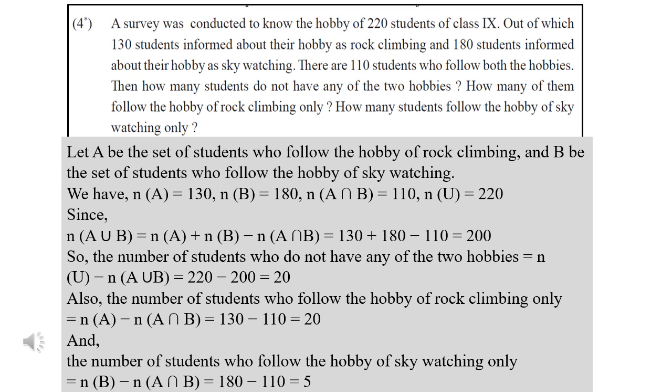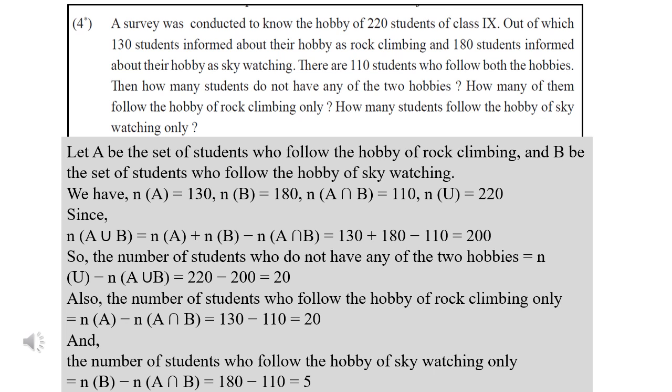So this is my union of set A and B. Now we have to find the number of students who do not have any hobby, correct? So the universal set minus the union of A and B will give me the number of students who do not have any hobby. So 220 minus 200 will give me 20. So 20 students do not have any hobby.